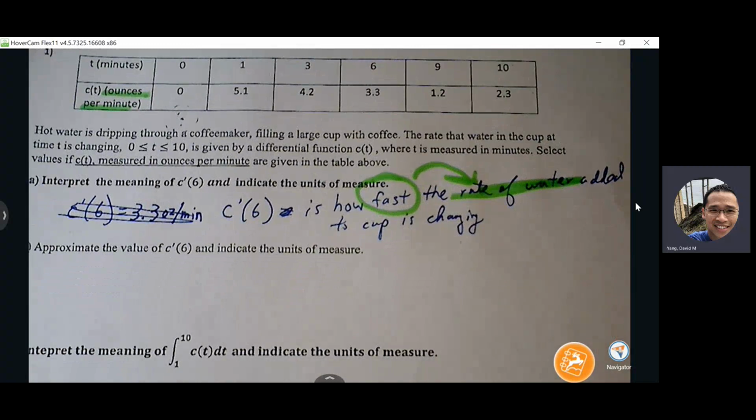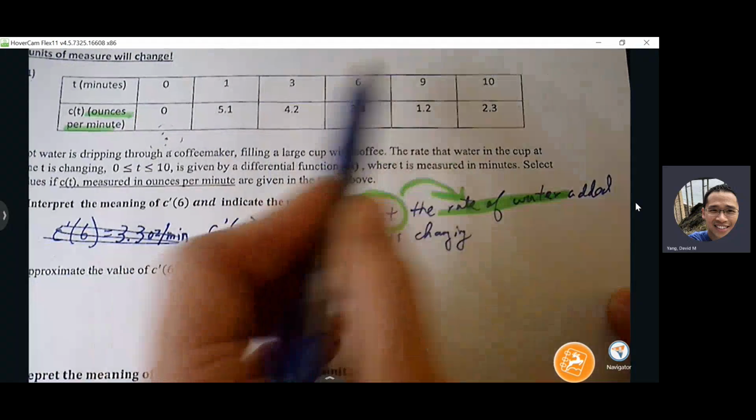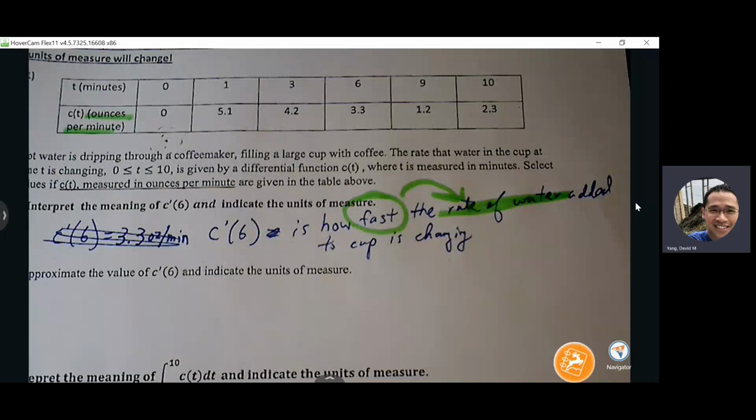It says approximate the value of C prime of 6. So if we're talking about a rate and we have a table of values, what operation can we do to find a rate at this point? Normally we would find the derivative, but we don't have a function, so we can find the slope.